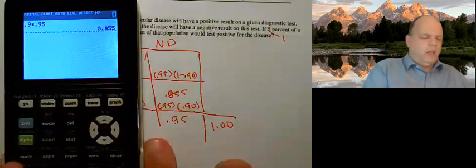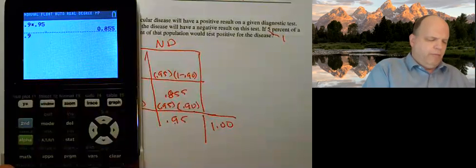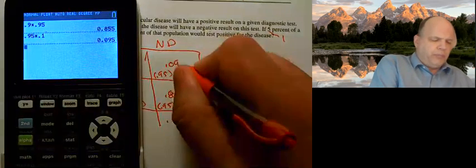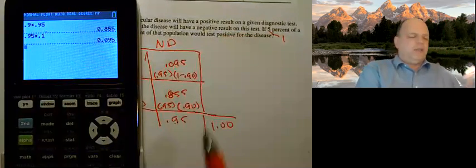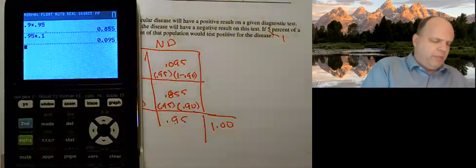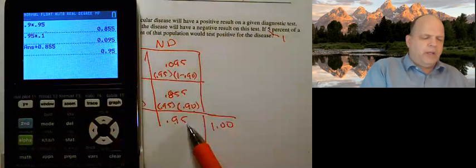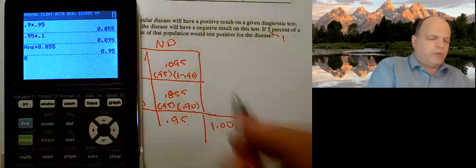And then if I take the 0.95 times this 0.1, I again get 0.095. Well, I should be able to check these two out by adding them up. And they add up to 0.95, so I feel pretty good that this is correct.